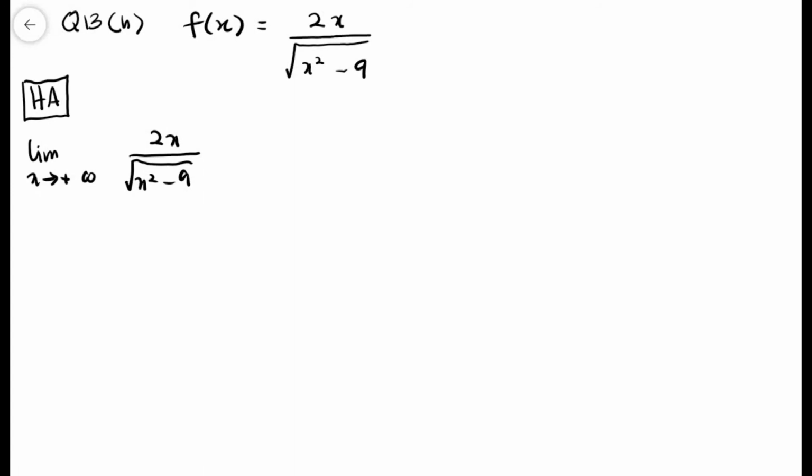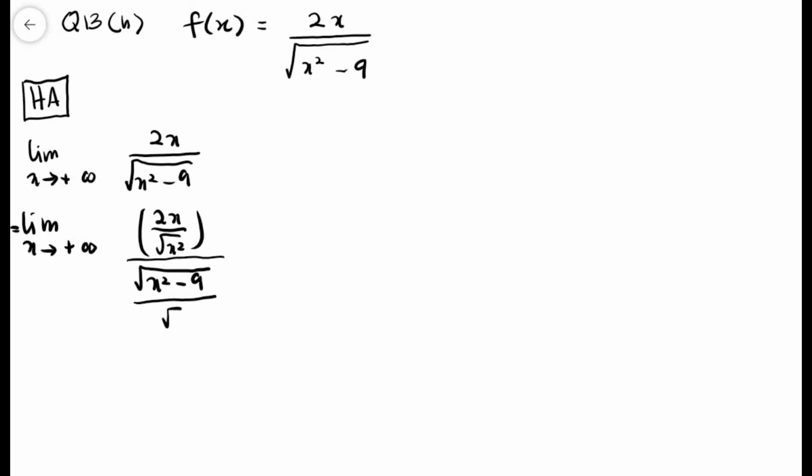So then you need to divide by the highest power of the denominator. Here the highest power of the denominator is sqrt(x square). So you will get the limit as x approaches positive infinity of 2x over sqrt(x square) for the numerator. And for the denominator, you get sqrt(x square minus 9) over sqrt(x square).